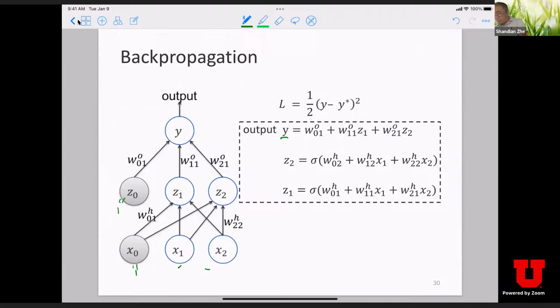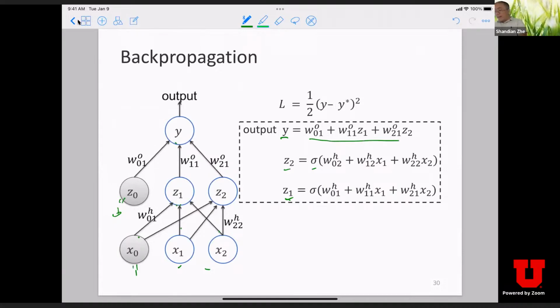We first compute z1 and z2, and the computation of z1 and z2 is a weighted combination of the incoming neurons, and then we apply a nonlinear activation function. Once we compute z1, z2, we combine them with z0 to compute the output y. In the output layer, we just do a linear combination, right? There's no nonlinear activation function.